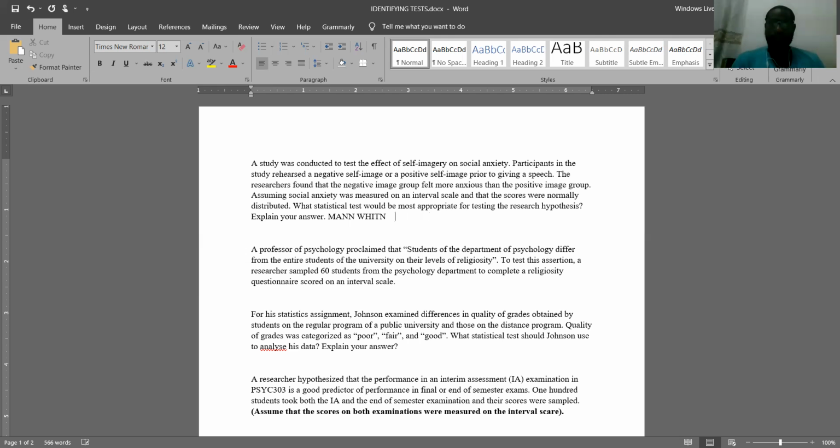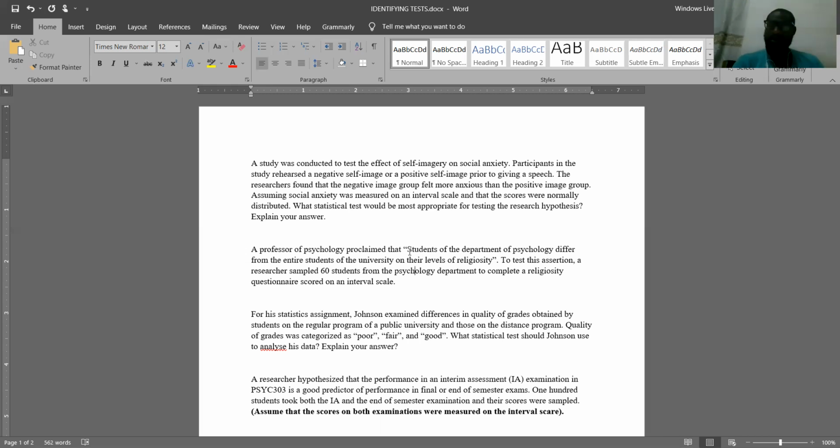Okay. So the next question. When you read the next question, you can see that they are comparing a sample to a population. Within the question, they indicated that students of the Department of Psychology differ from the entire student body. So students of the Department of Psychology are the sample, drawn from the entire university, which is the population.